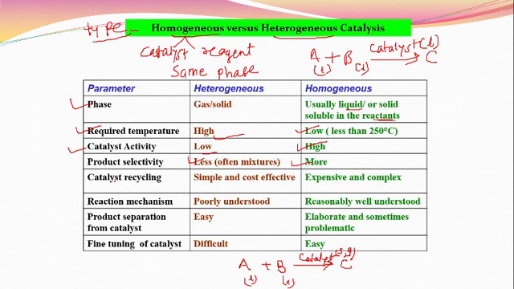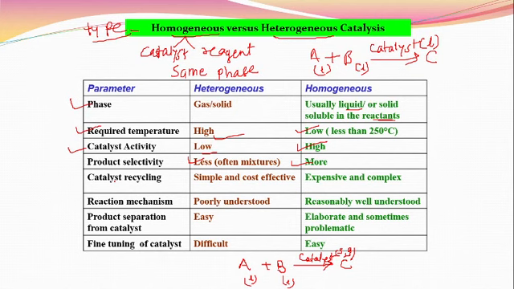Catalyst recycling means, whenever a catalyst is used for the conversion of reactant to product, there is a cycle, and after the recycling we get the original catalyst as it is.